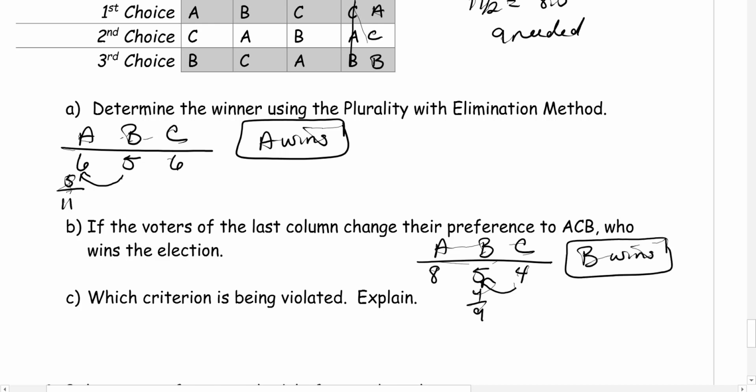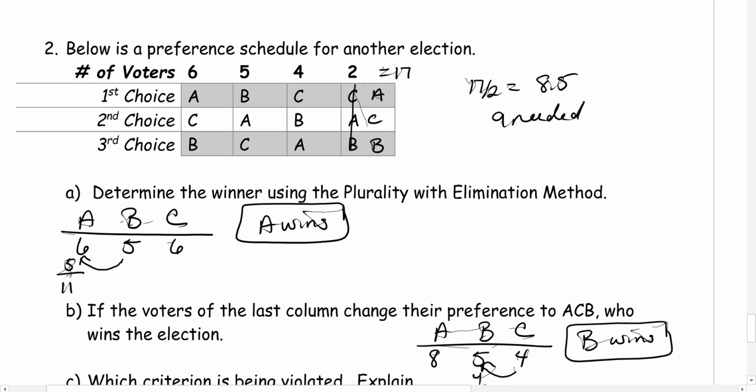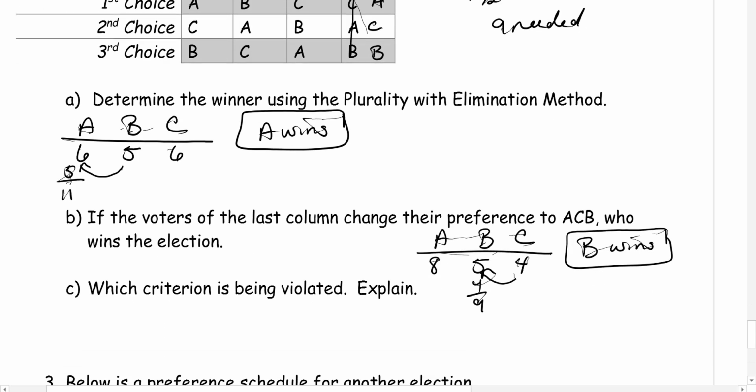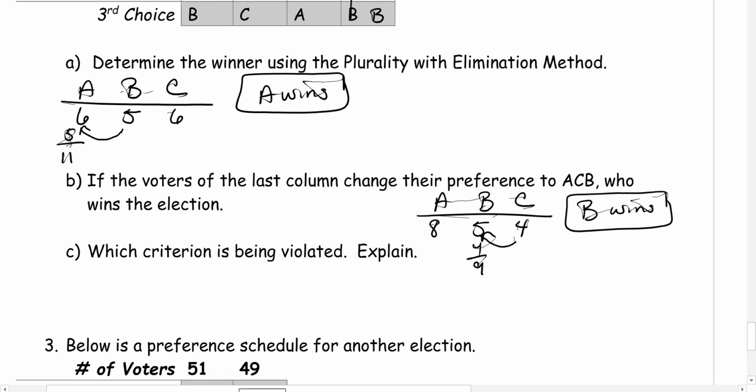So what happened is these last 2 voters said, well, I prefer candidate A more, and that actually causes candidate A to no longer win the election. And so this is the monotonicity criterion.